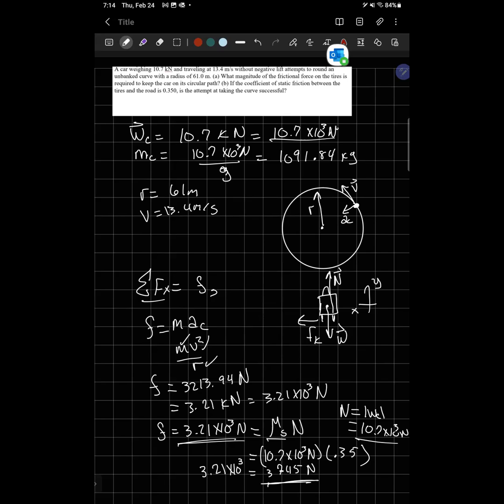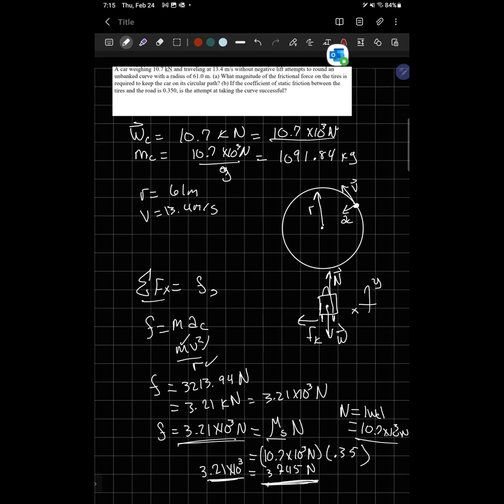This is like second grade math, so I really hope y'all know what this is. Is this number that we just calculated greater than, equal to, or less than the number that we calculated in part A? It's greater than.